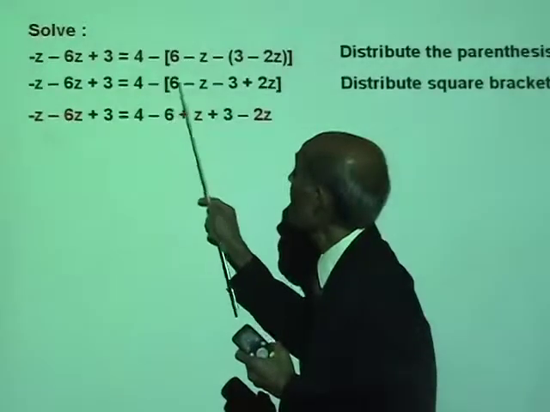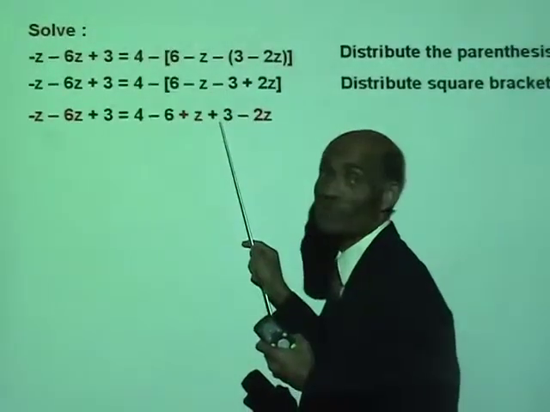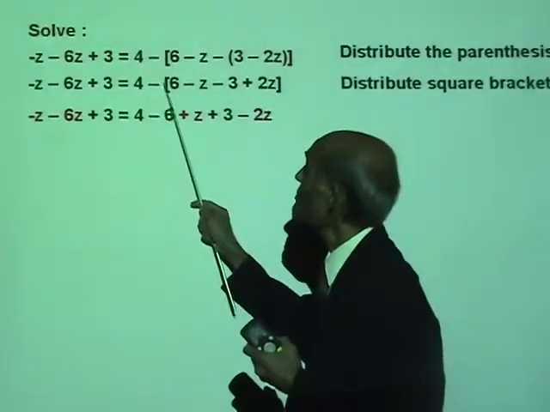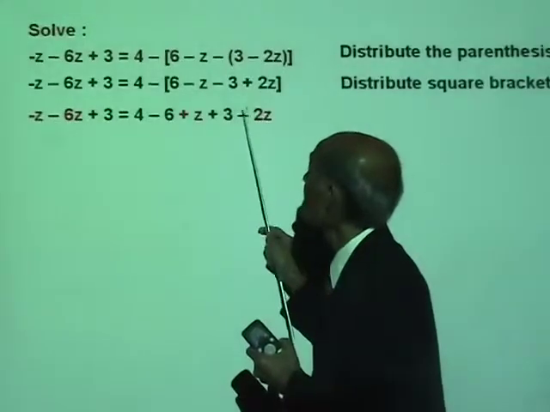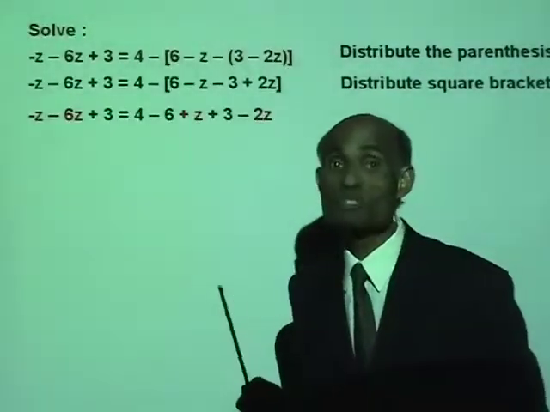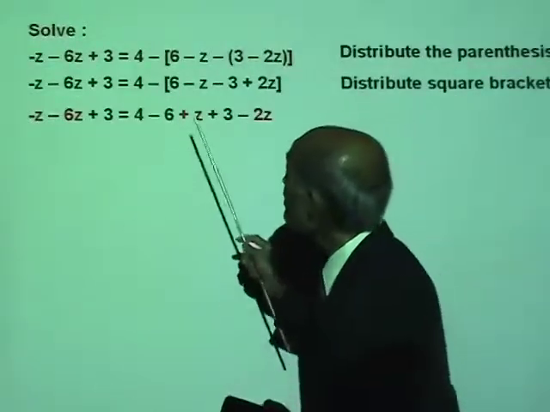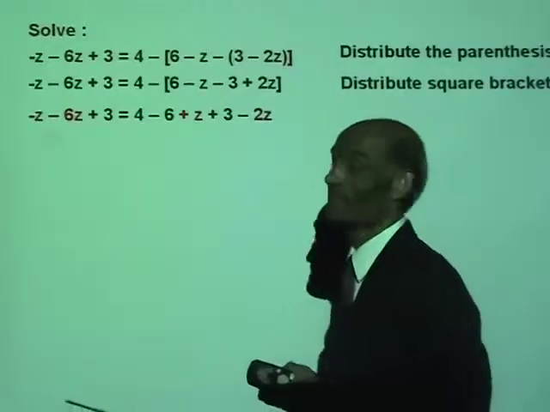A negative 1 multiplied by a negative 3 is a positive 3. And a negative 1 multiplied by a positive 2z is a negative 2z. Alright, we finished distribution.